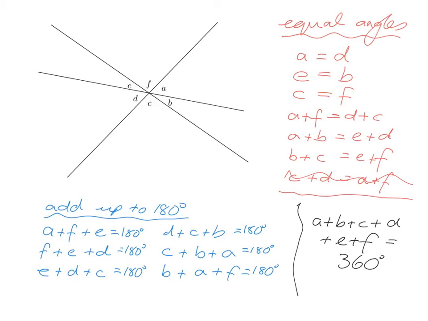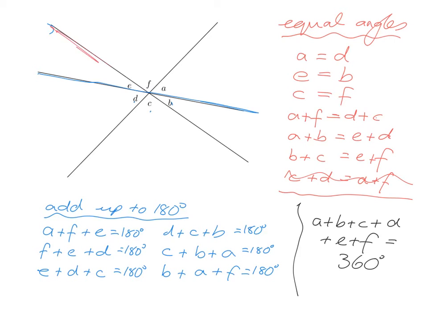What about the angles that add up to 180? Well, adding up to 180, we're looking at straight lines. If we take this straight line here, we're talking about A plus F plus E, and on the other side of it, D plus C plus B. Both of those add up to 180.